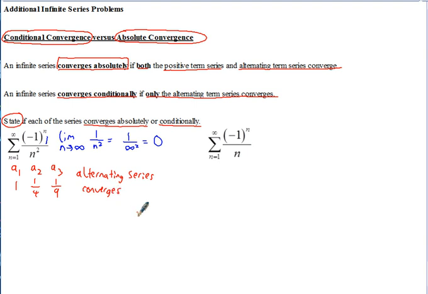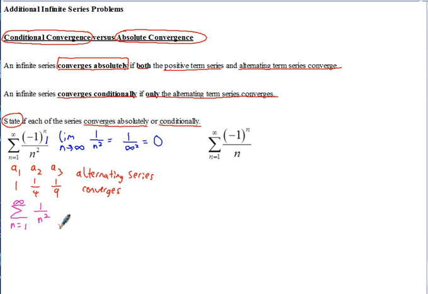However, we want to see, well, does the positive term series converge? In other words, if it was just 1 over n squared, if we just had this series right here, this series from n equals 1 to infinity of just 1 over n squared, would that converge or not?